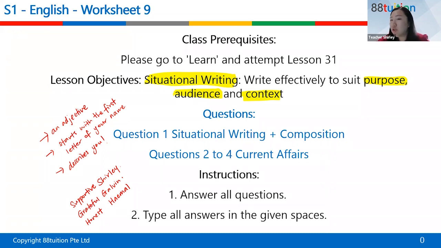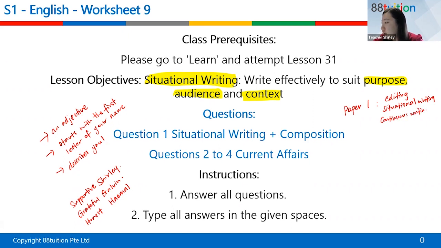For secondary school, just to quickly recap, you have your 4 papers. Paper 1 comprises your editing, your situational writing, and your continuous writing.